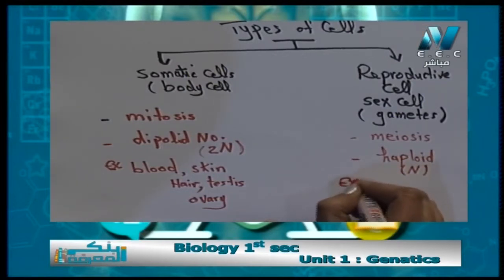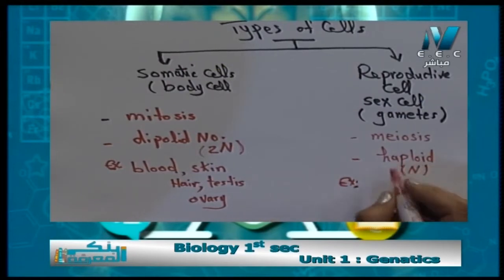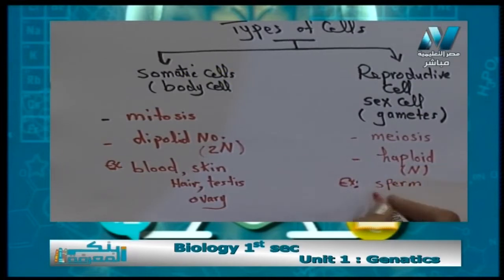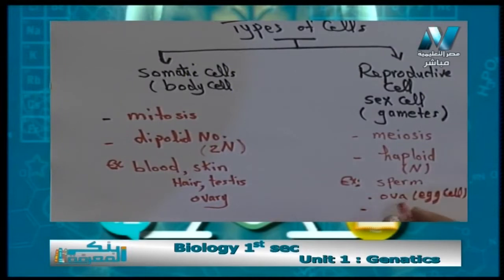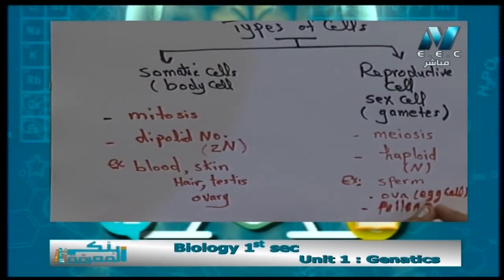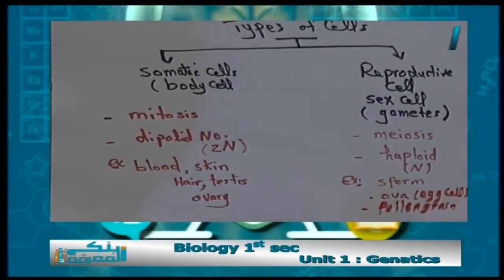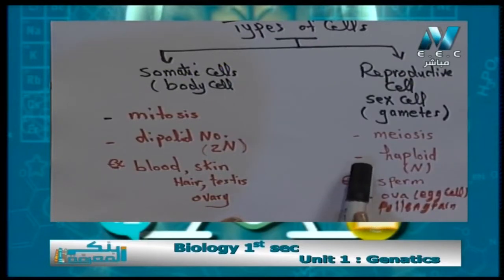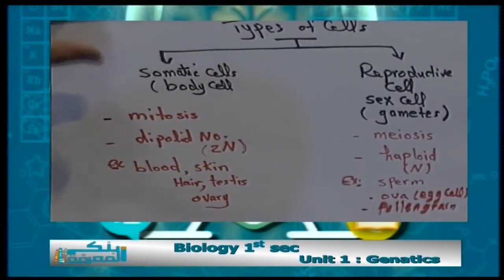Examples of sex cells: sperm, ova or egg cell, pollen grain in plant. The question here: why do the gametes contain half number or haploid number of the chromosomes?